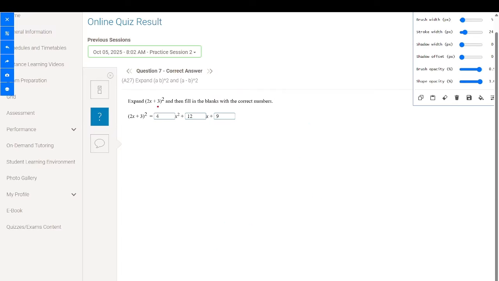Now expand 2x plus 3 power of 2. So 2x plus 3 power of 2 is the same as multiplying 2x plus 3 with itself: 2x plus 3 multiplied by 2x plus 3.